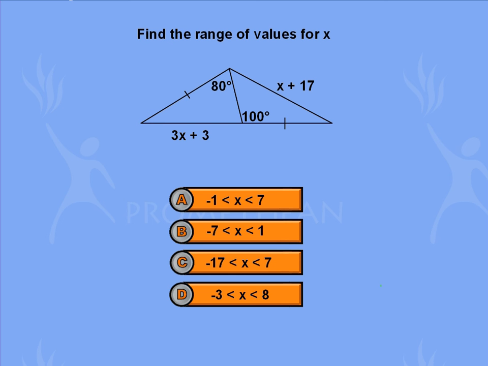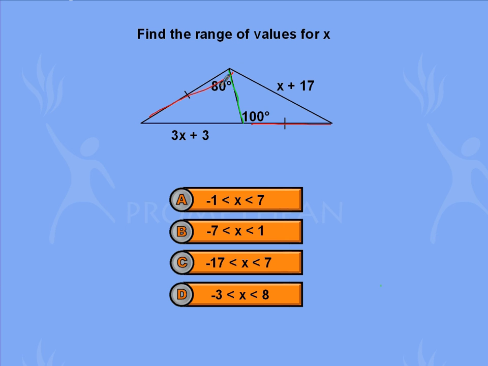Here's another one. Find the range of values for x. Okay, so here we have two sides that are equal to each other. This side goes with this side, and then this is another side match. And it looks like this triangle is flipped upside down from that triangle.